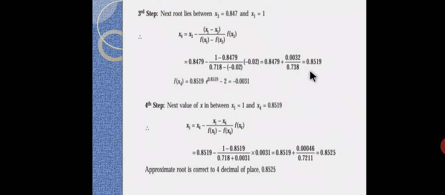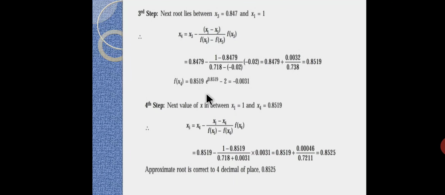0.8525. So here in the fourth approximation, the value for x is 0.8519. So we can correct up to 3 decimals. This value will be equal to 0.852. So here in the fifth approximation, the root will be 0.852.